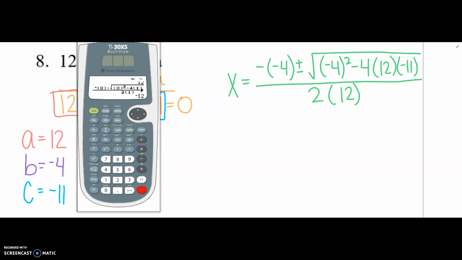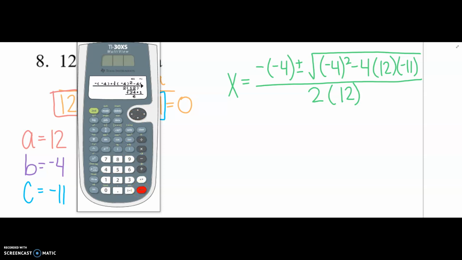And we'll type this into our calculator. First button is always the fraction button. Then we have negative times negative 4 plus the square root of negative 4 squared minus 4 times 12 times negative 11, all over 2 times 12.